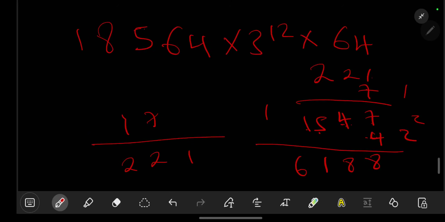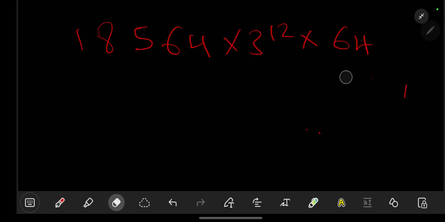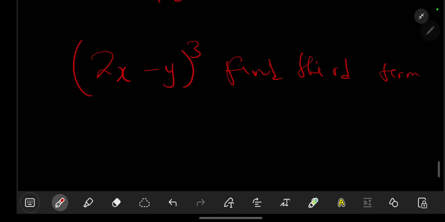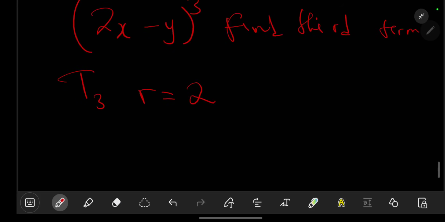So now this formula is not only used to find the term independent, but you can also use it to find any given term. Like for example, let's find the third term in this expansion. So let's say we are required to find the third term. If you're looking at term number 3, r will be equal to 2. So the r will be less than the term itself by 1.